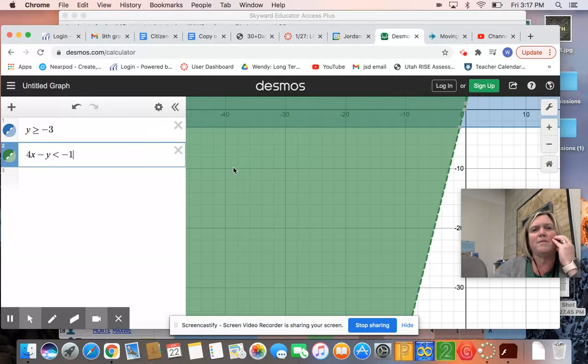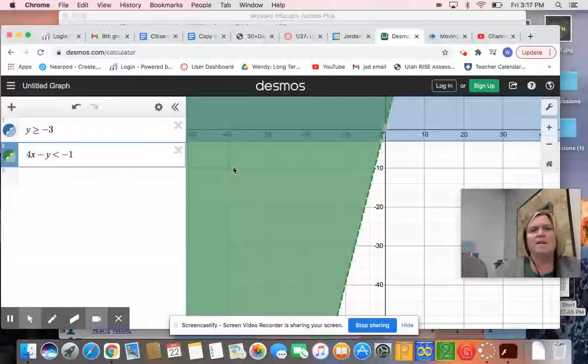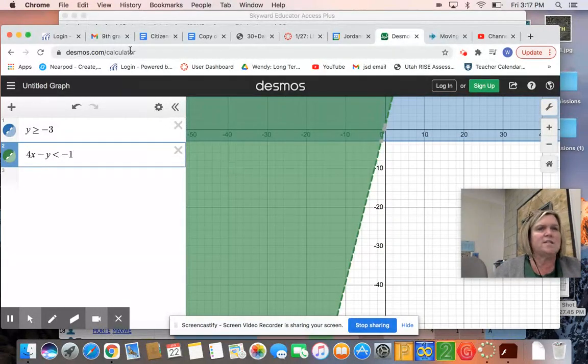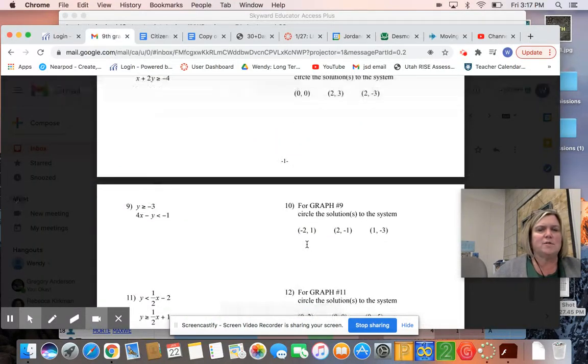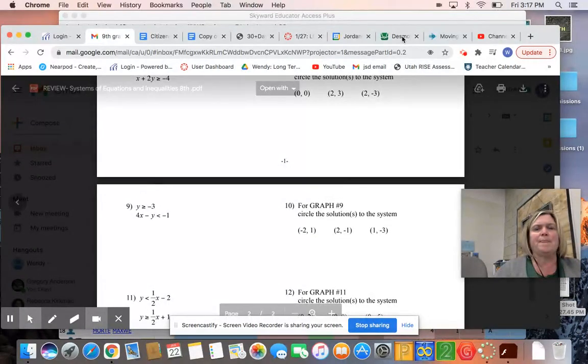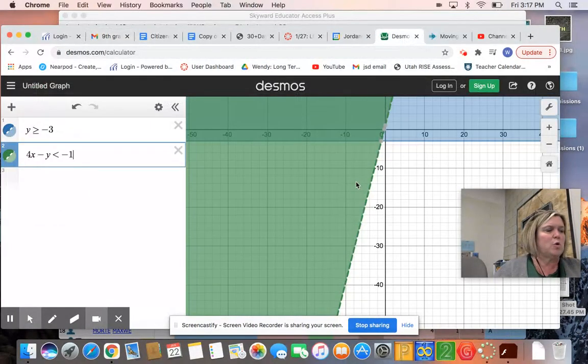Oh, sorry, my fingers are just going nuts on that. Okay, according to our paper, we need to look at the solutions (-2, 1), (2, -1), and (1, 3). So let's go back and look.